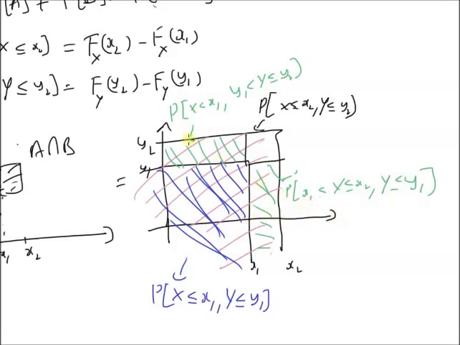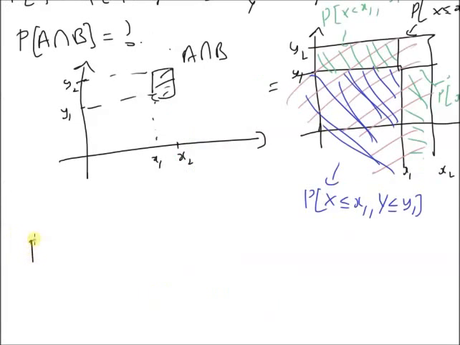And so the probability of this region can be easily calculated as the difference between the region in red and the sum of the probabilities of the regions in green and blue.